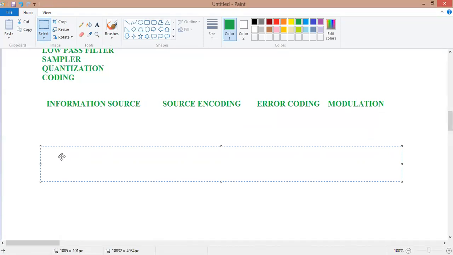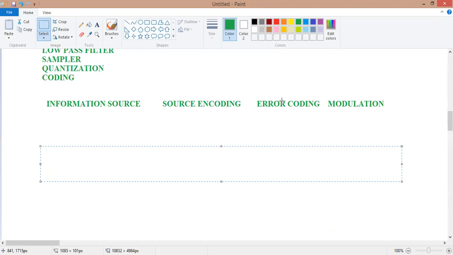Next, obviously just the opposite of modulation, that is called demodulation. And next to that, error decoding, just the opposite of error coding, using the parity bits, which is most important to verify whether the information is correct or wrong by following certain extra bits.